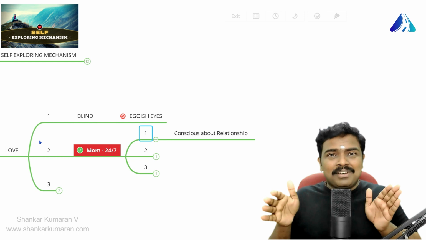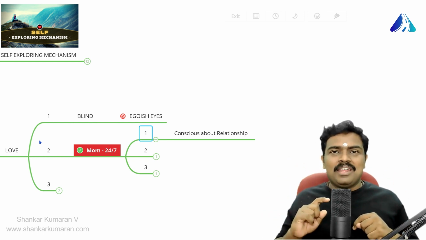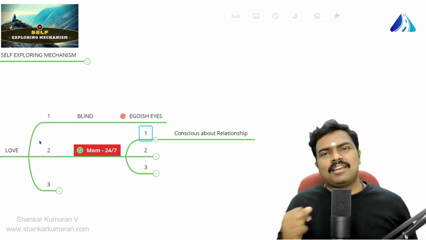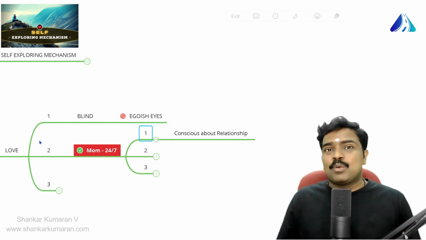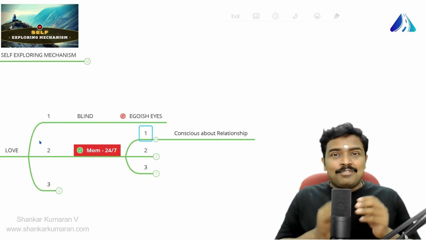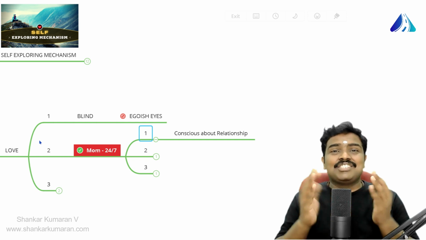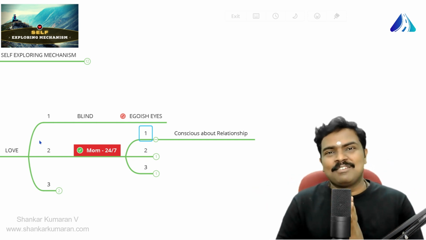There will be 10 people in the middle room who will not even hear the sound of that child, but mother will hear. Why? Because mother is conscious about her relationship with the child. Likewise, if we also have a conscious relationship with our partner, then we will value our partner's qualities as she values herself or himself.